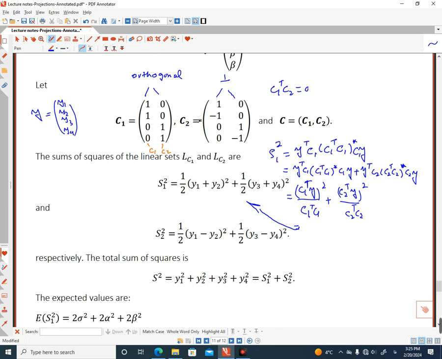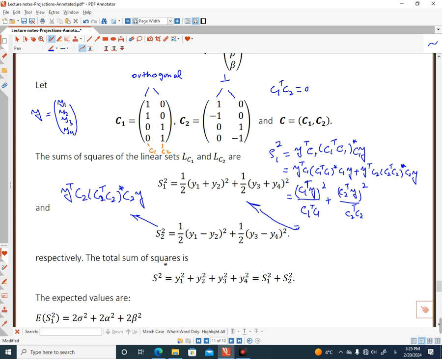We can do the same thing for C2. So I can write S2 based on C2. The same formula. I'm not going to repeat the whole thing, just write the general one. And if I name these columns as small c and do the same thing, we will get S2 square by this formula.